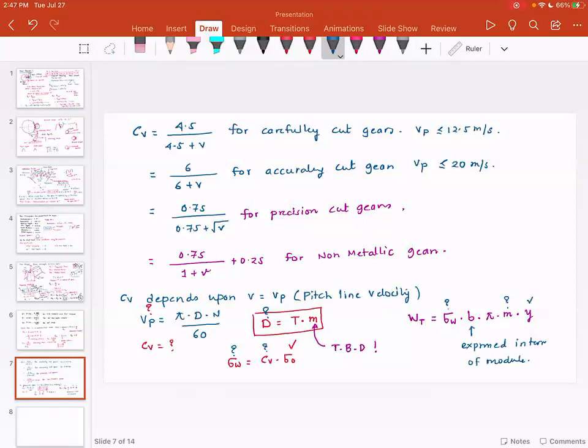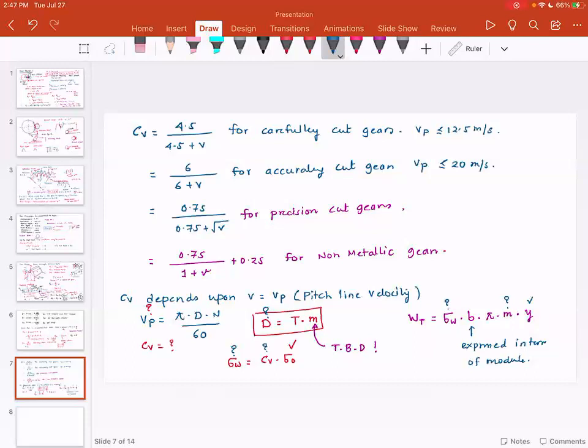So this equation has two unknowns and one equation.